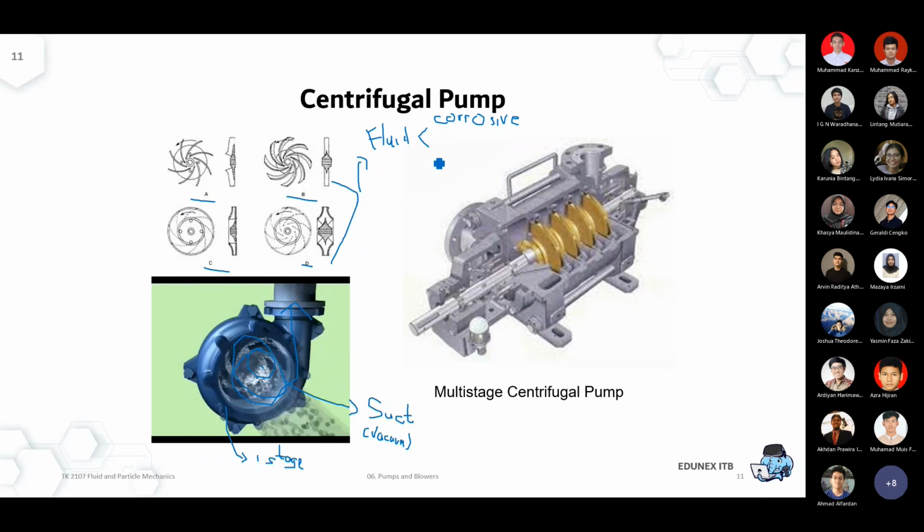It also depends on the solid fraction, the solid content of the feed. If it's free of solid, then we can simply use the cheapest type of impeller, maybe the one that is most easily produced, almost like a disc, a circle.